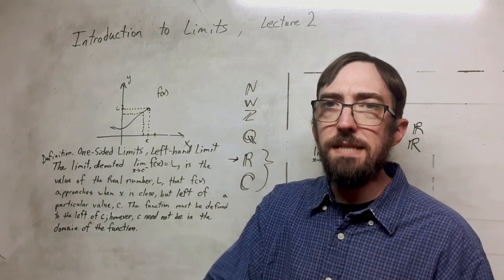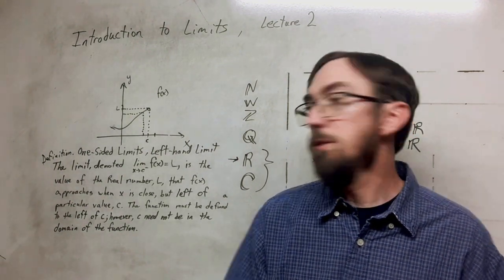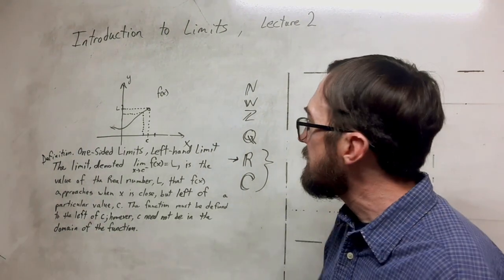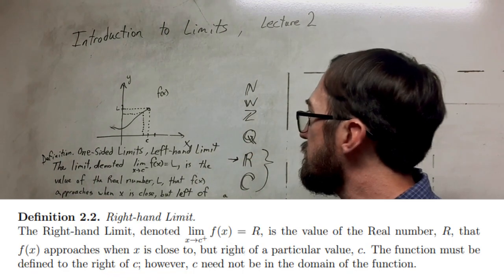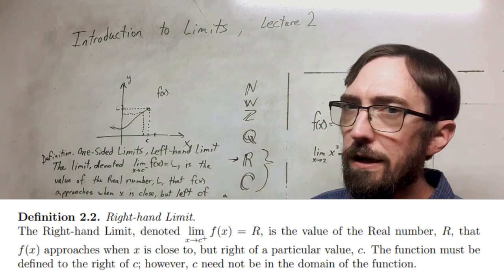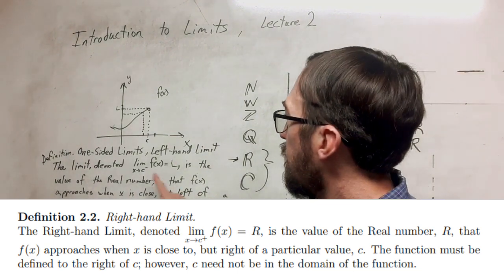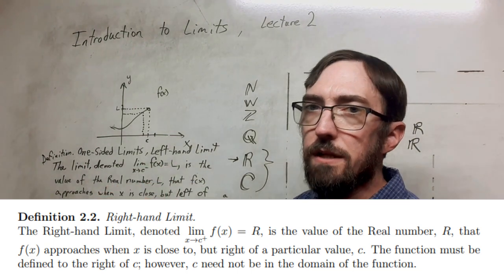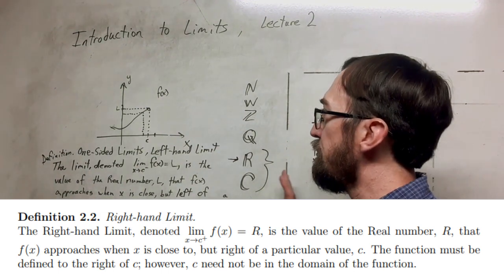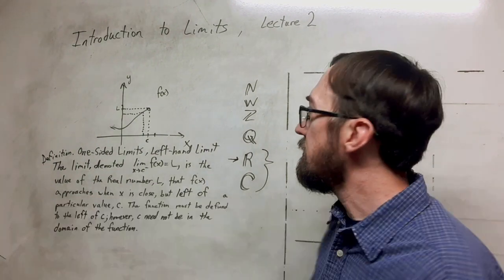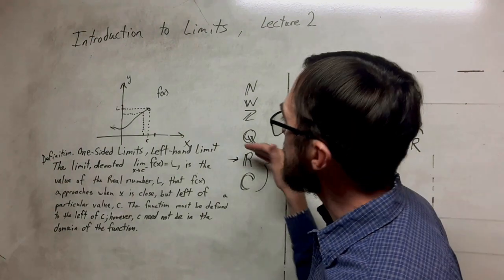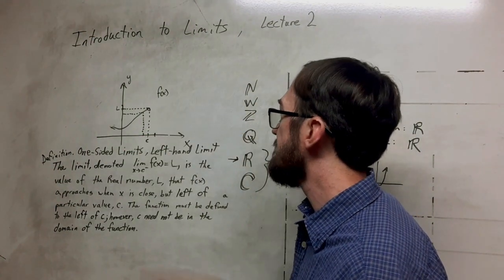All right, and then there's a second definition that we can put out there for one-sided limits, and that's the right-hand limit. It's going to be identical to this, except everywhere that I have the word left, we're going to replace it with the word right, and this superscript negative sign is going to be switched to a positive sign, and that's going to be our indicator that we're approaching from the right. Now, where does the negative and the positive come from? Well, you can think about it like this. We're looking at the x-axis here.